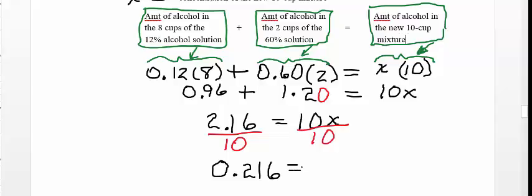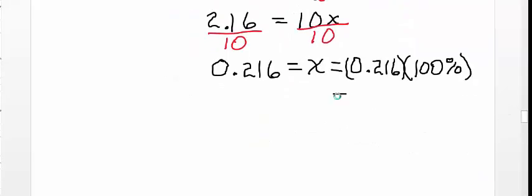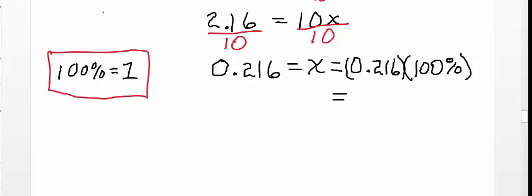So 0.216 is my x. I can change this to a percentage by multiplying the decimal by 100%. And I get 21.6%. Remember, 100% is 1.